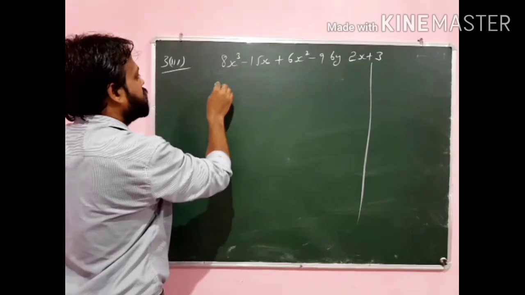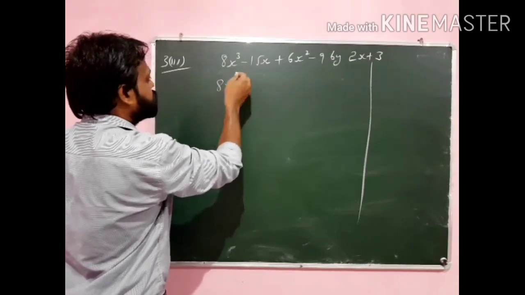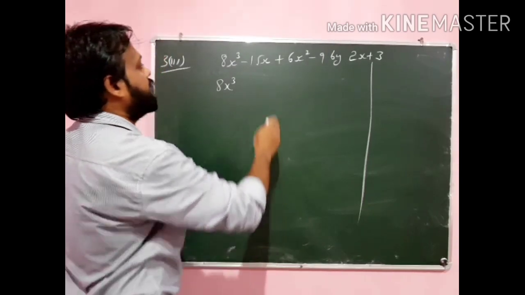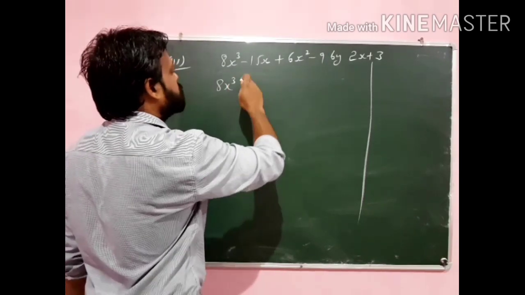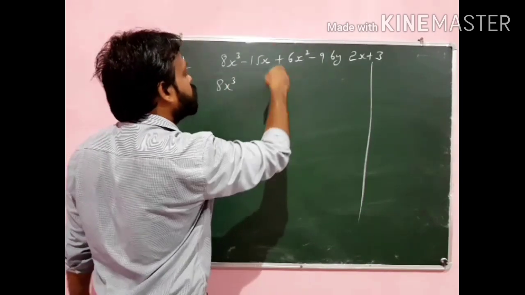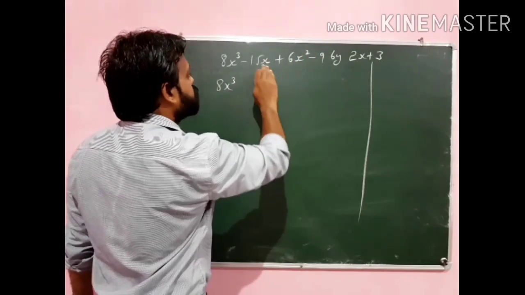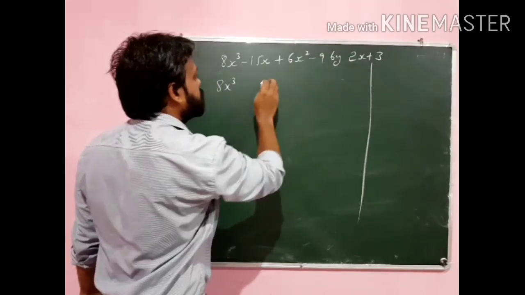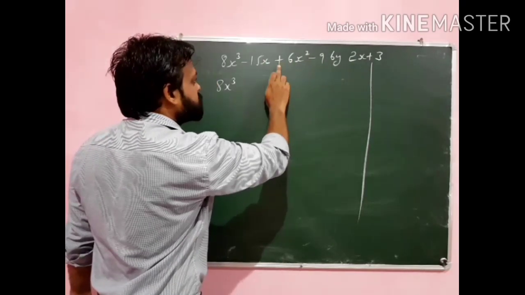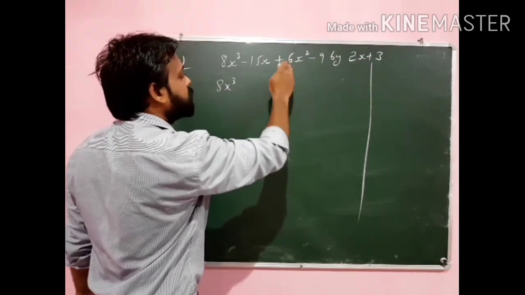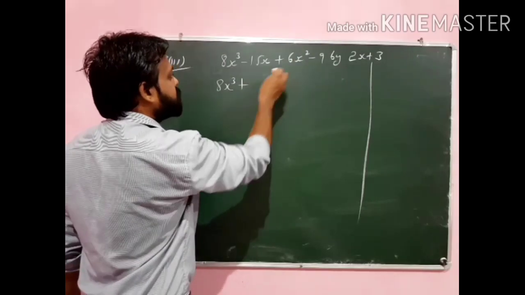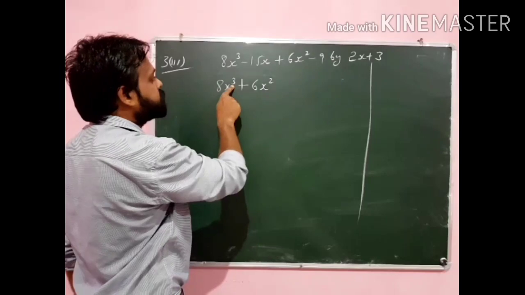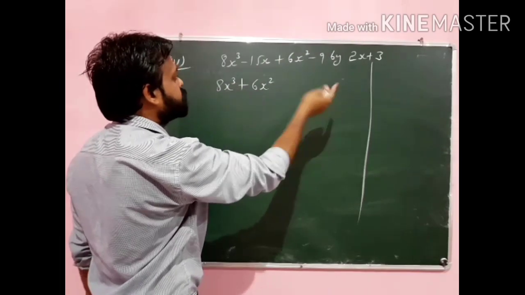Now you can see 8x cube, because here x has the highest power, that is 3, and after that the next lower value is 2. So don't write this minus 15x here, you have to write this one. Don't change the sign of the terms either, so it will become plus 6x square, and after that the next power should be 1.